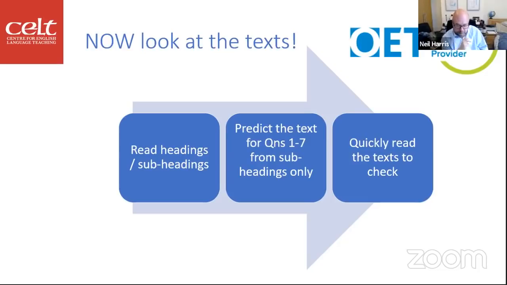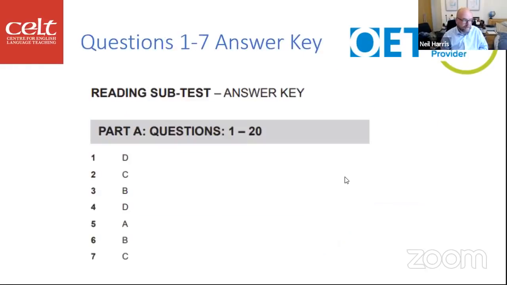Please, you must begin with the matching questions first, because this quick idea of predicting which text you think it's going to be in and then reading the text is going to give you a really good familiarity with what the texts are about, which you then need for the slightly more demanding set of questions which follow, questions 8 to 20, where you not only have to know which text to look in, but you then have to take information out of the passage. So let's have a look at that next.